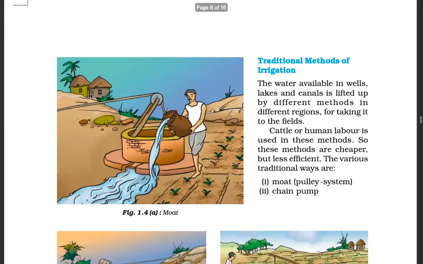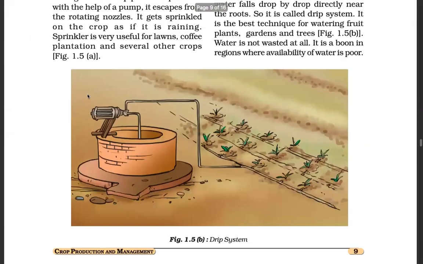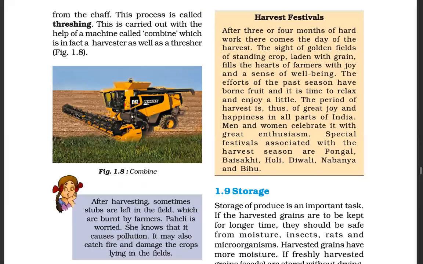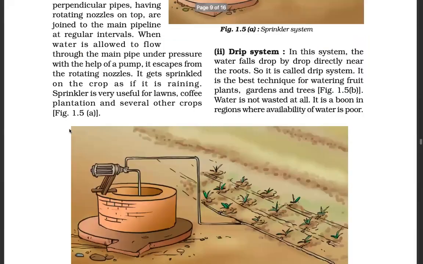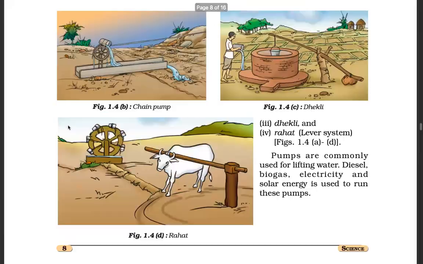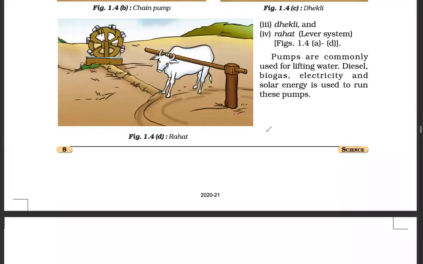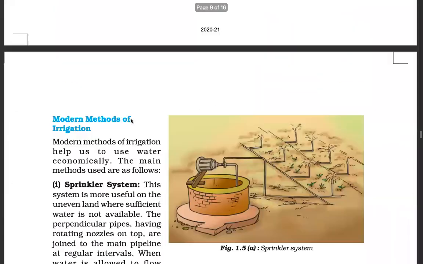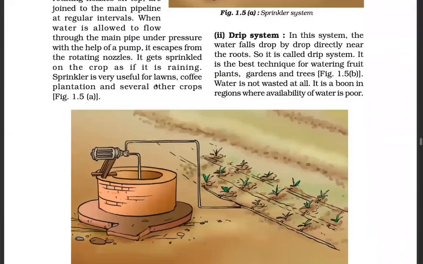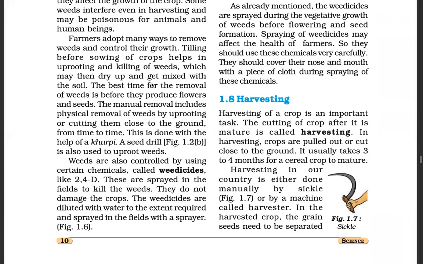Okay, so we have irrigation, traditional methods and modern methods. Then we have protection from weeds, harvesting and storage. So guys, today we are going to complete irrigation till this traditional method, and I will tell you till where it is traditional method. Till here we are going to complete today.